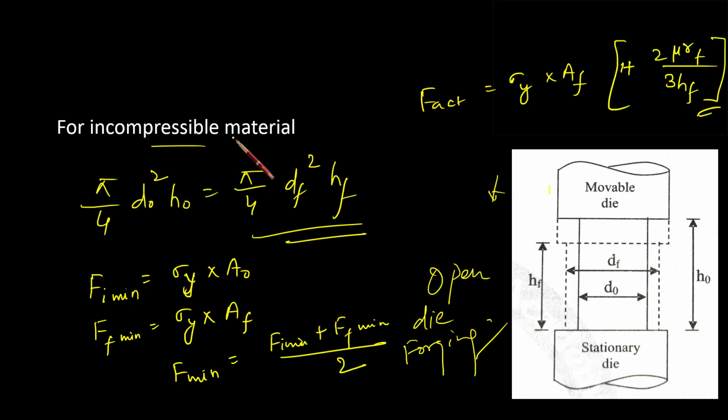But energy or work done, we can calculate, isn't it? Work done is equal to F actual into H naught minus H f. That is the change in height. F actual is basically the average force, into the change in displacement, or change in height. That will give you the work done.